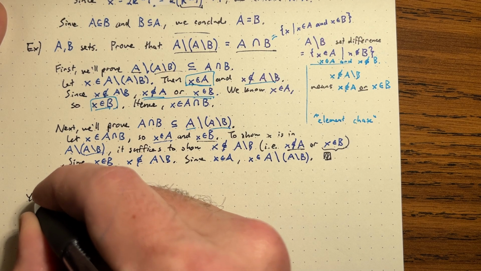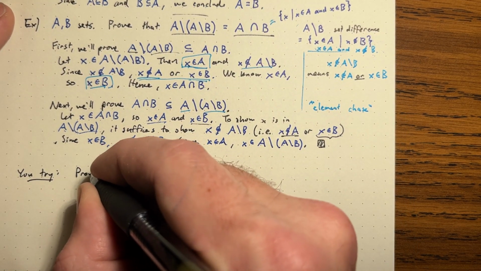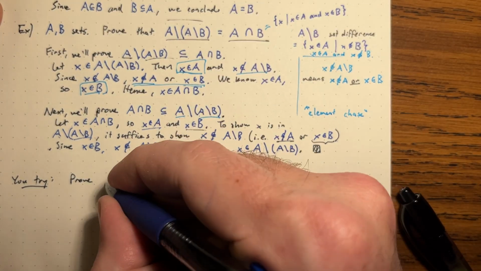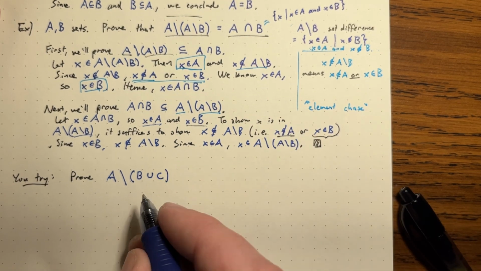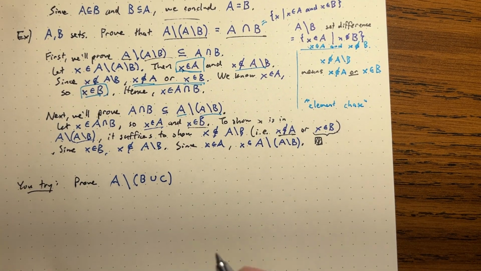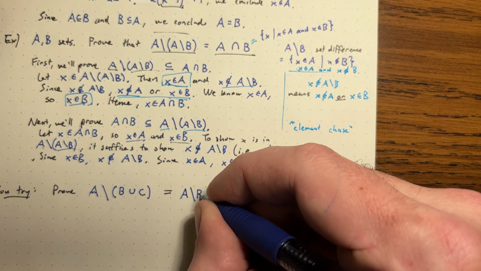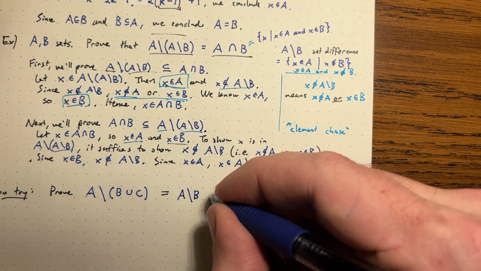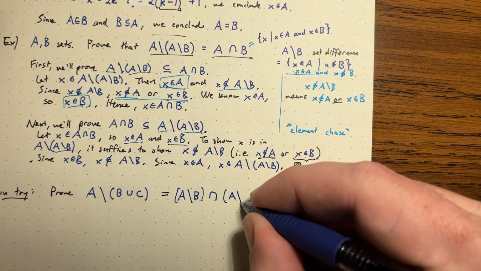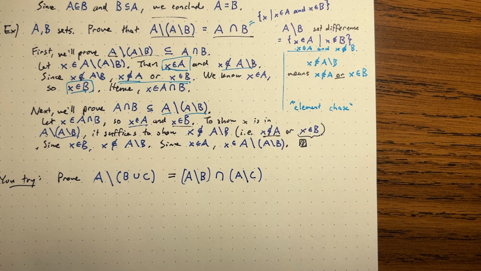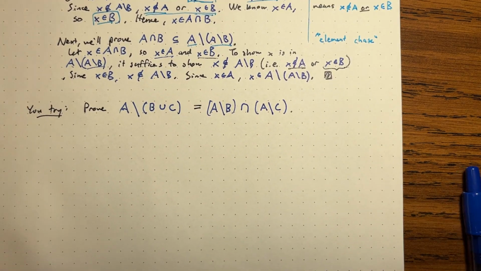So prove that A minus B union C, again that means the things that are in A but not in B or C, is the same set as A minus B intersect A minus C. So the things in this and that. Okay. So that's a good one for you to try.